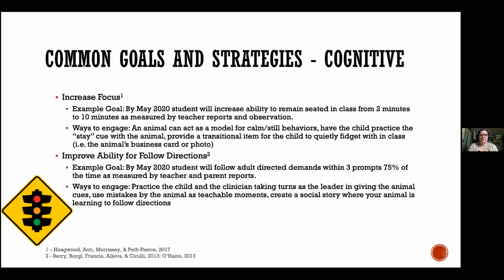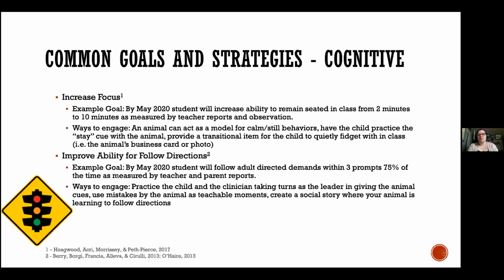The other big one for following directions or just expectations in general is using a social story. We actually do an entire, or are planning to do an entire training with our volunteers on social stories. So if that's not a familiar term to you, the simplest explanation I have is it's a very detailed book.